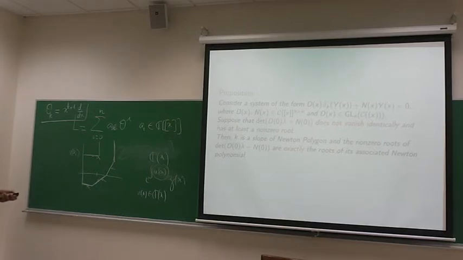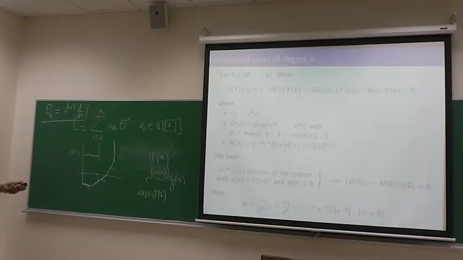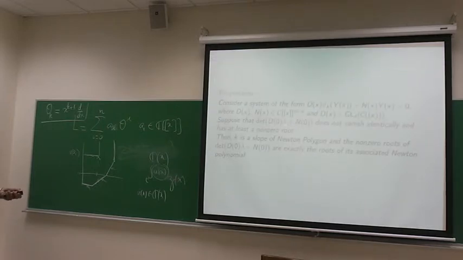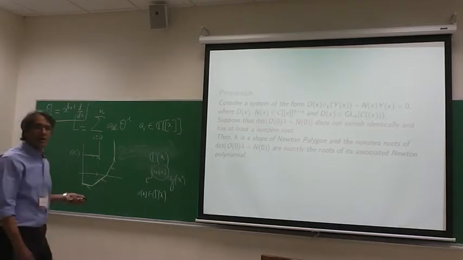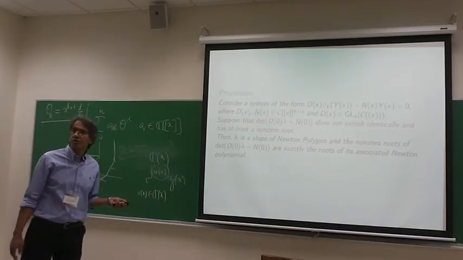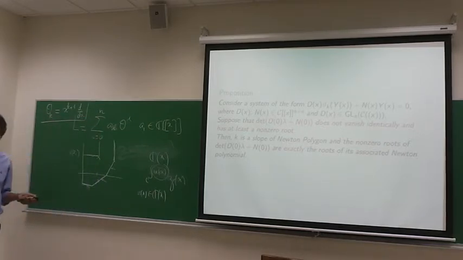So there is a very simple situation. If you do this rewriting, this is immediate, there is no computation here. Okay? And if you are lucky, I mean if the determinant is non-zero, then you have this information: k is a slope of the Newton polygon, and you get what's called the characteristic equation associated with the Newton polygon, or the Newton polynomial.